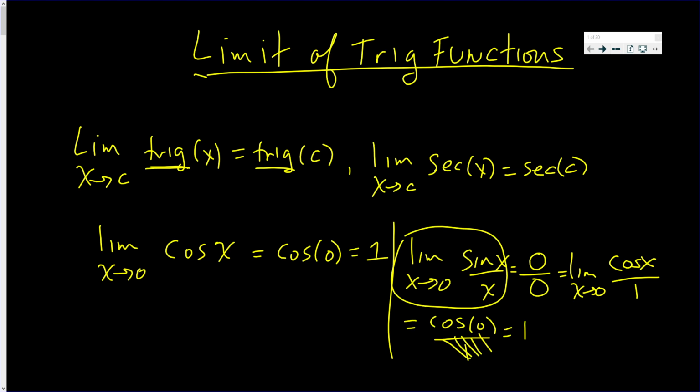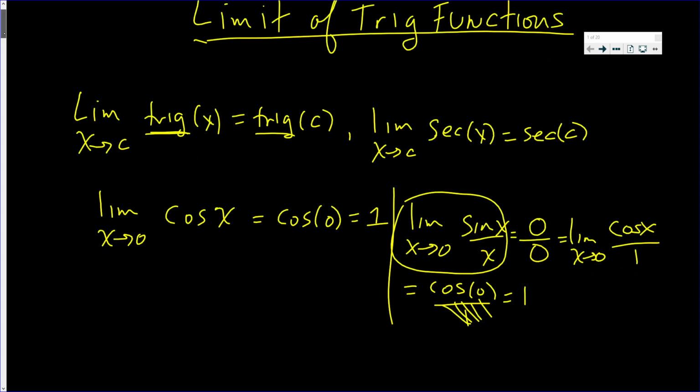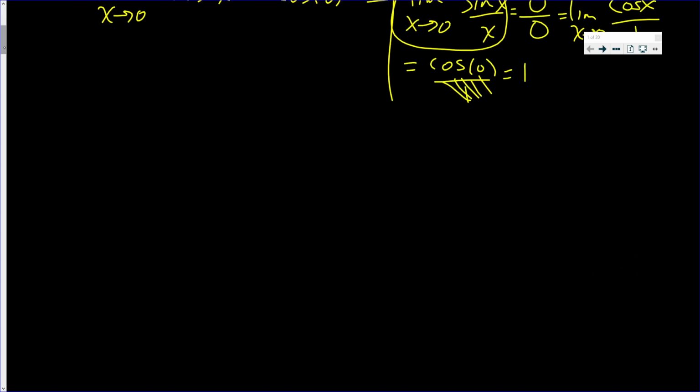Now, let us try to understand this limit a little bit better. We have the limit as x goes to 0 of the sine of x over x. Notice that what we're taking the sine of, that is the angle, and the denominator are both the same.